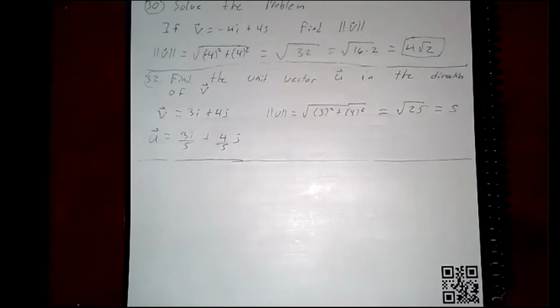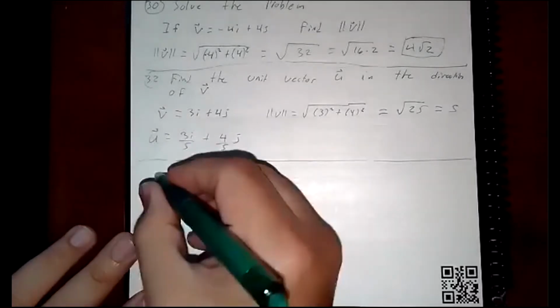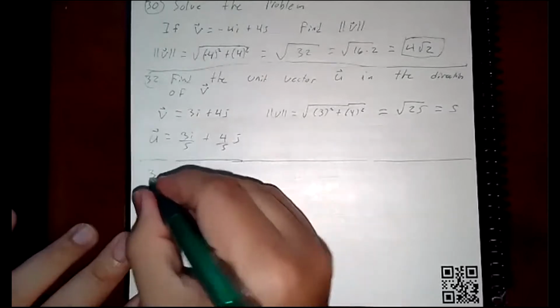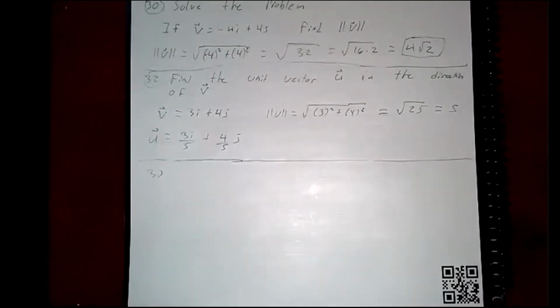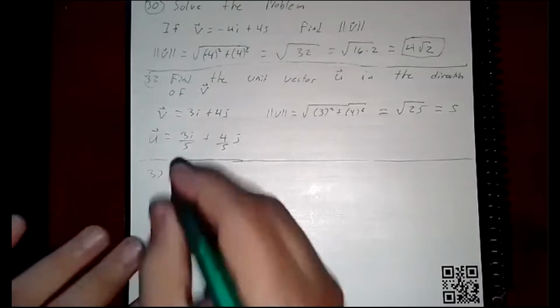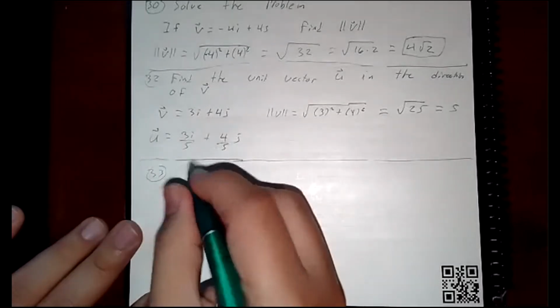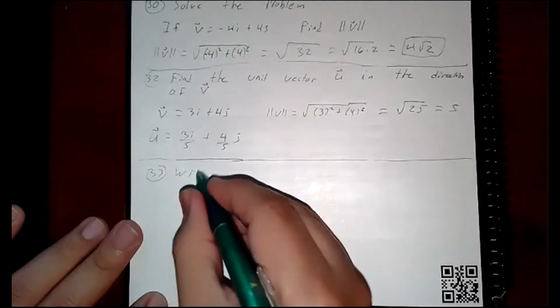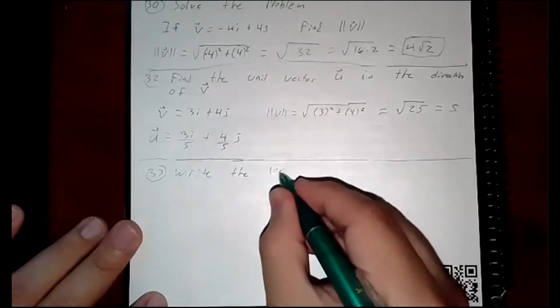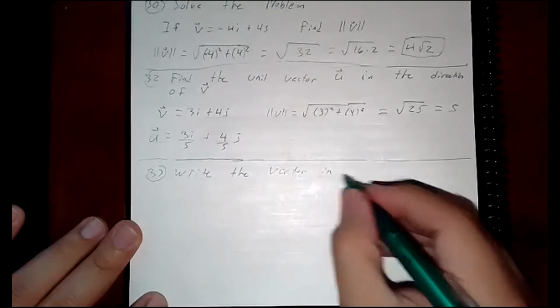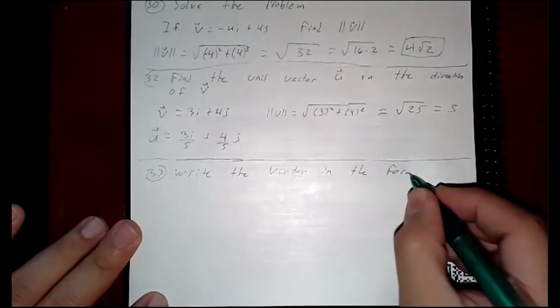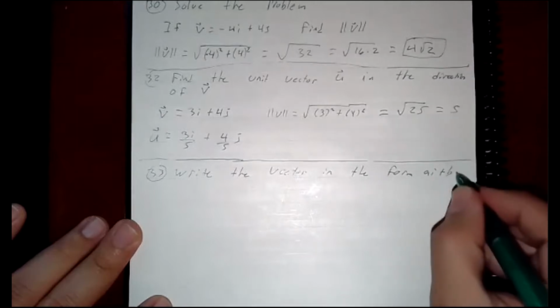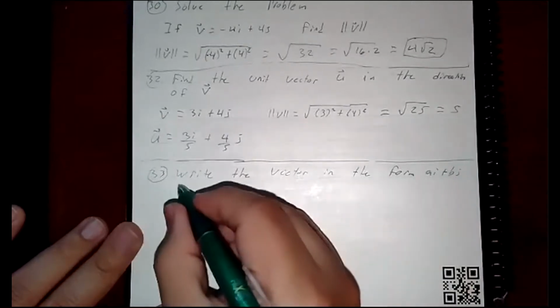Okay, let me find the formula for, yeah, here it is. It's 33. 33 says write the vector in the form ai plus bj, given the following.